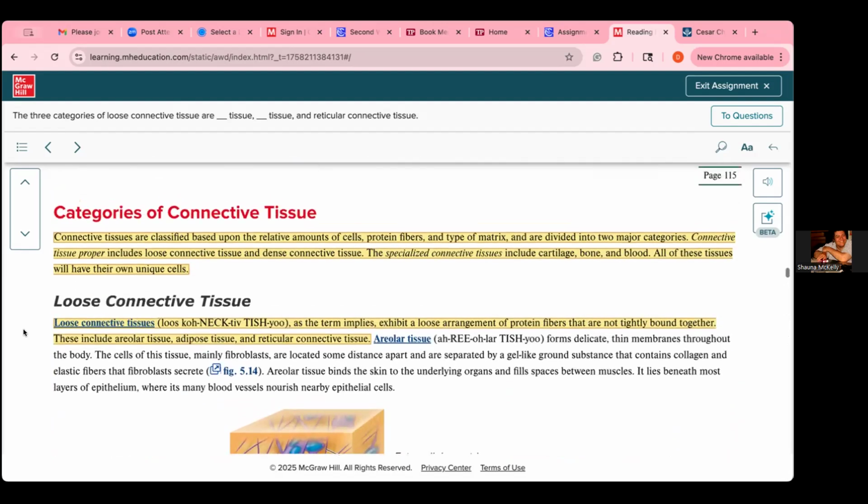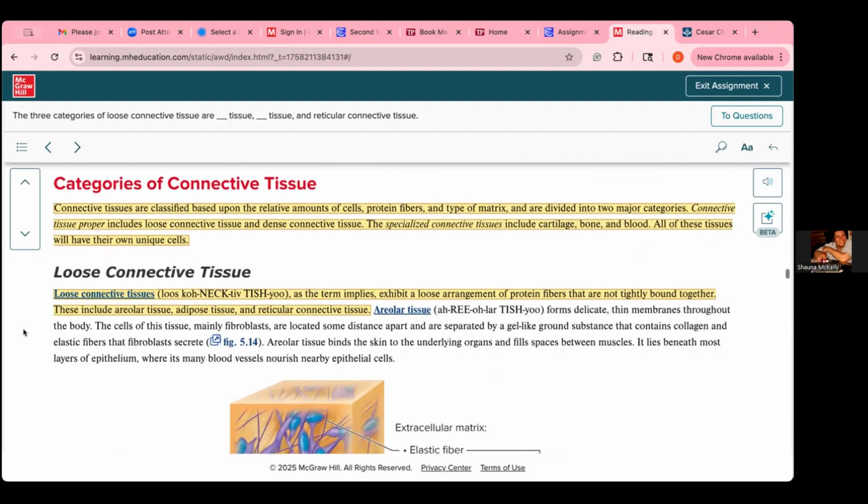So these include areolar tissue, adipose tissue, and reticular connective.